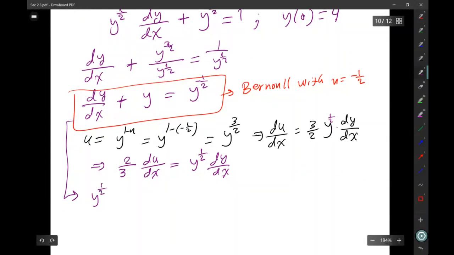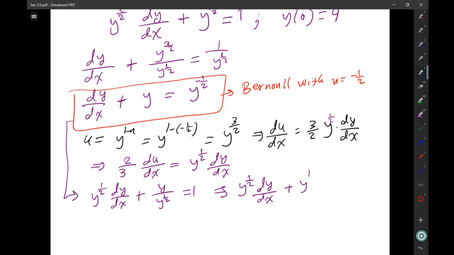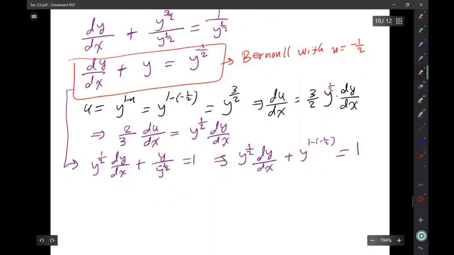It becomes y to the power half dy by dx plus y over y to the power half is equal to 1, which implies y to the power half dy by dx plus y to the power 1 minus half, and that becomes y to the power half dy by dx plus y to the power 3 by 2 is equal to 1.